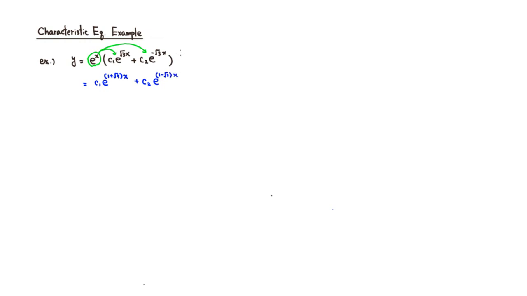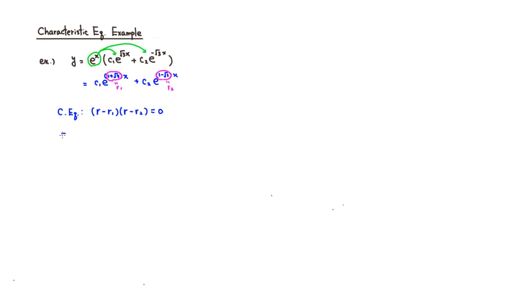You can see that r1 shows up right here, so this is going to be our r1. And here, this is going to be our r2. So we can construct the characteristic equation this way. All you have to do is this: r minus r1 times the quantity r minus r2 equals 0.